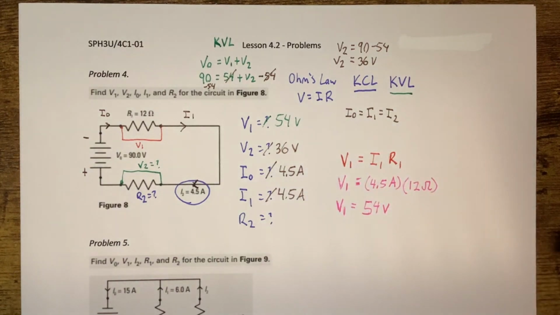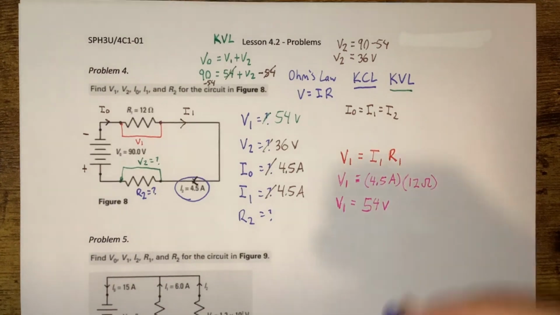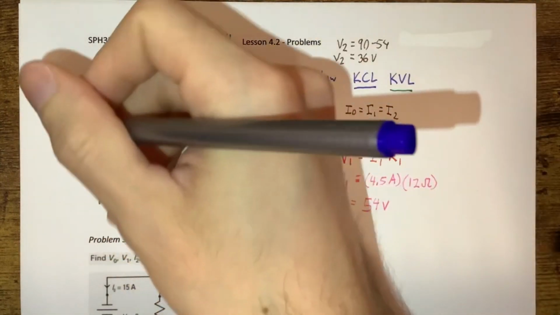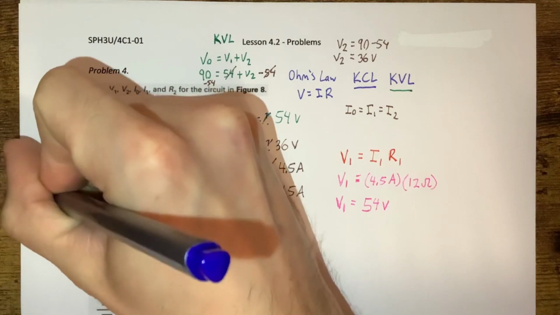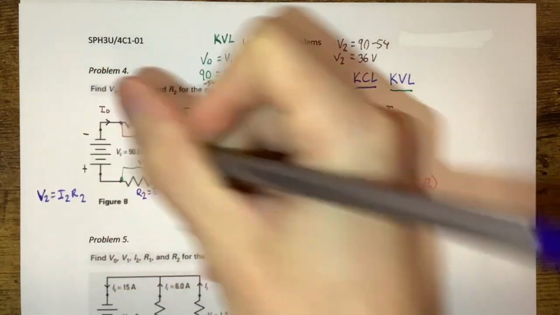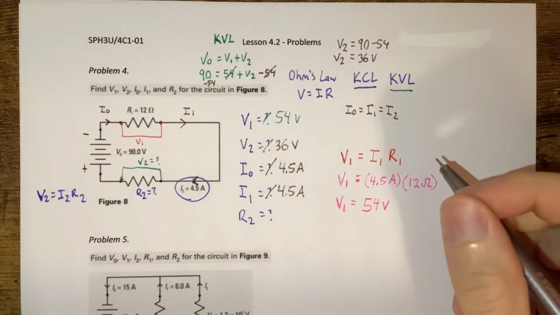And R2, again, simple. We definitely want to spam our Ohm's law here. So we're using Ohm's law, and we're going to go V2 equals I2 times your R2, okay?